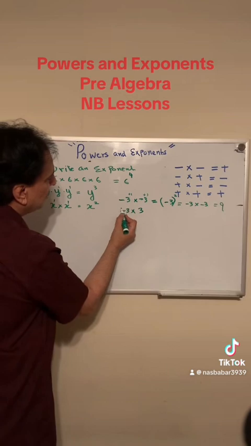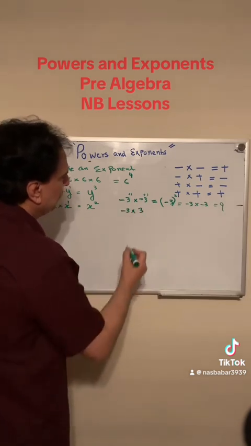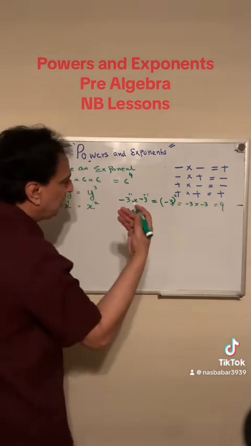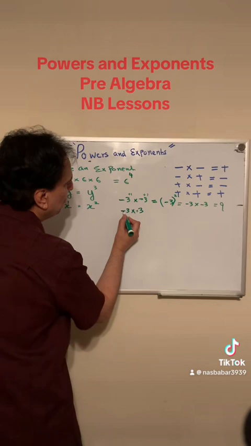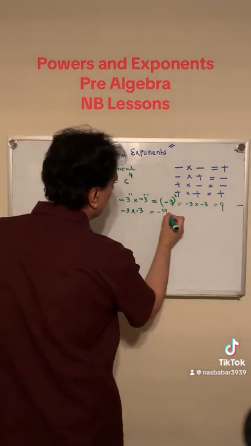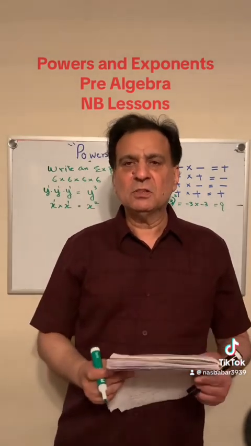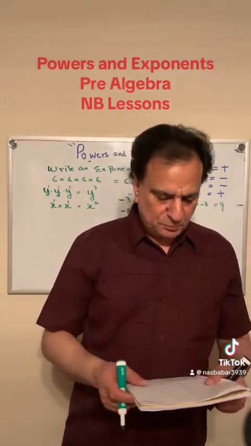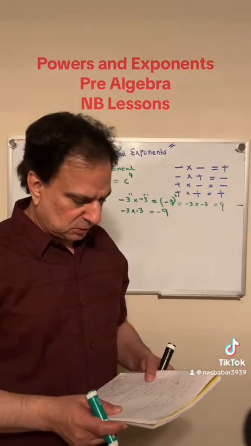In this case, I have 3 over here and I'm multiplying minus 3 with 3. So now there is an implicit plus sign right over here. Okay, so minus times plus is minus and 3 times 3 is 9. So in the exams, you can expect questions like these. They'll try to trick you.